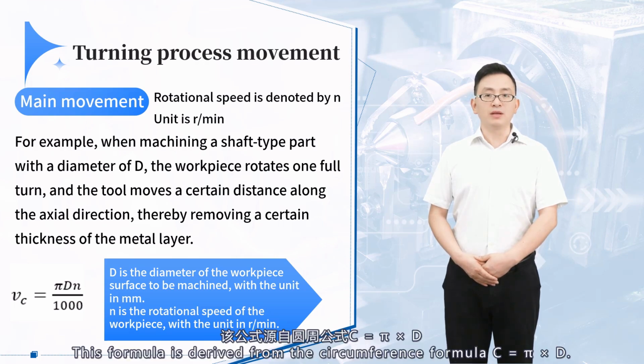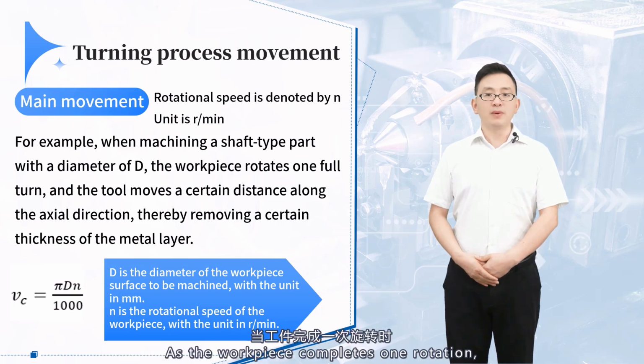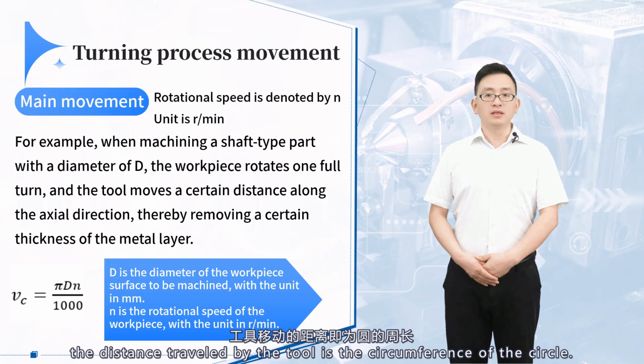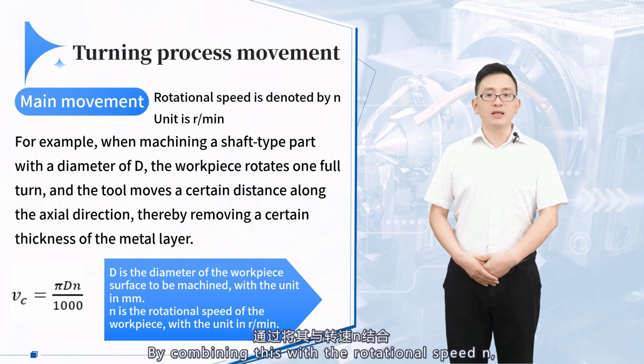This formula is derived from the circumference formula C equals pi times d. As the workpiece completes one rotation, the distance traveled by the tool is the circumference of the circle. By combining this with the rotational speed n, the linear speed Vc can be determined.